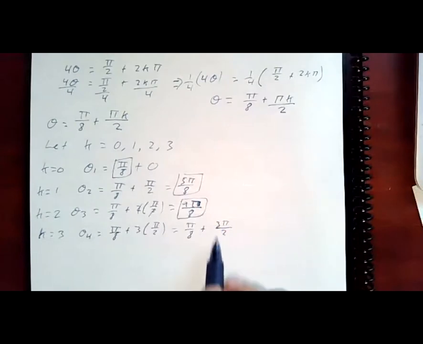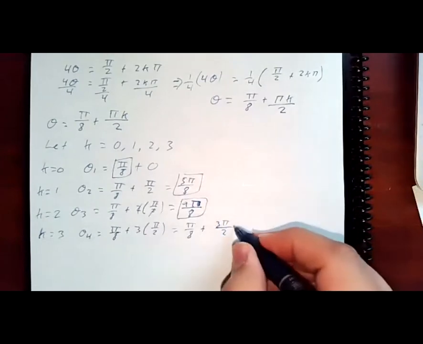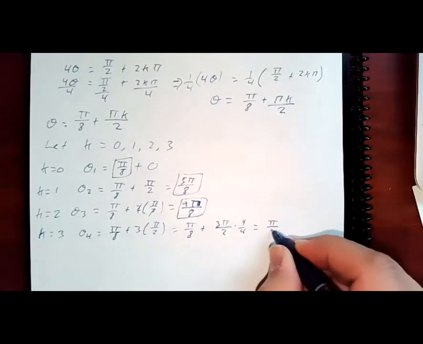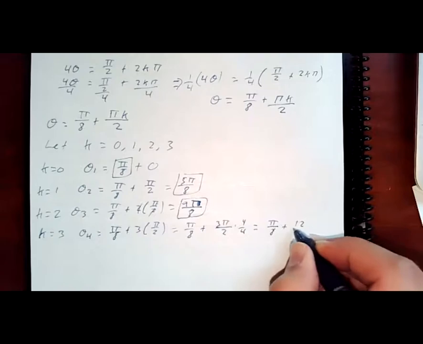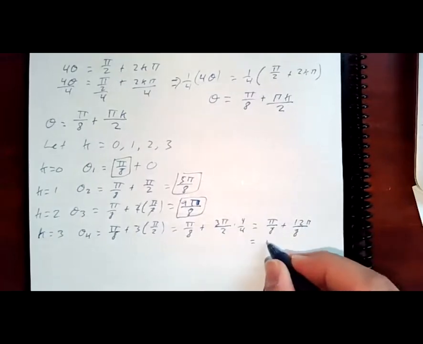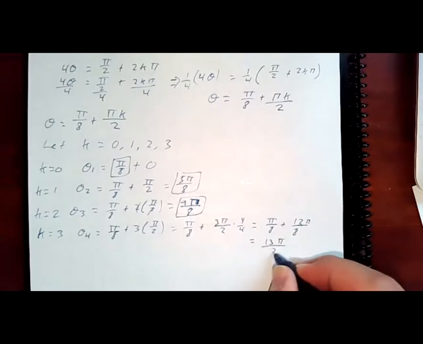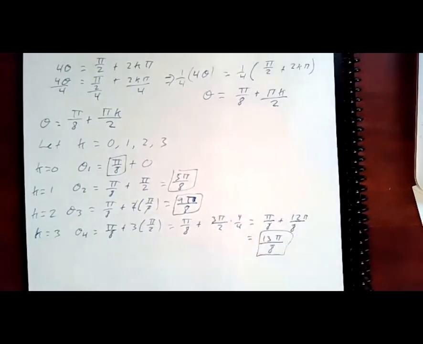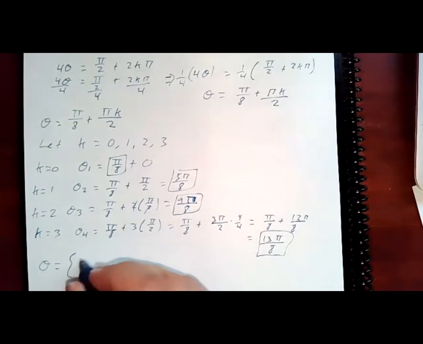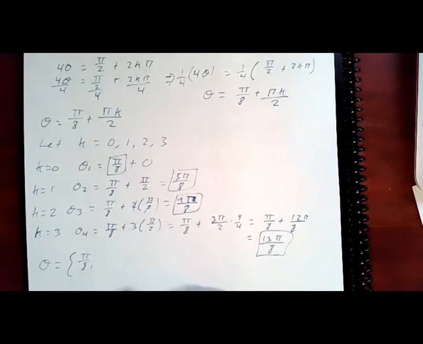So that would be 4, right? Pi over 8 plus 12 pi over 8. That would give us 13 pi over 8. There we go. So for your solution set, in your homework, you would put this first one, next one, and just put commas.